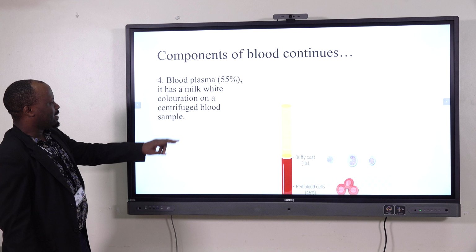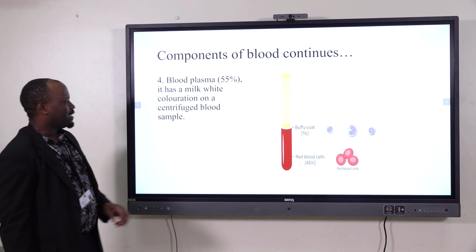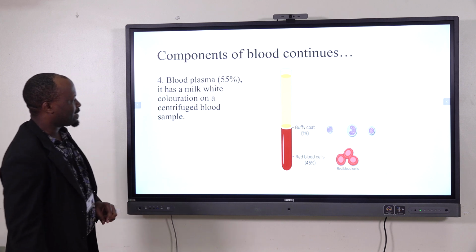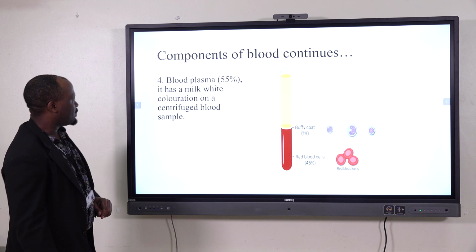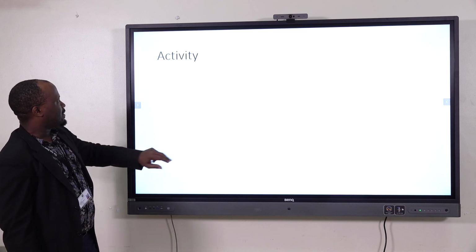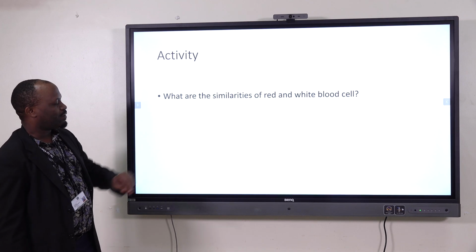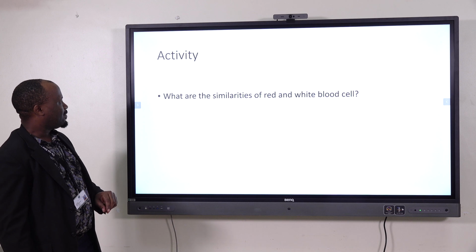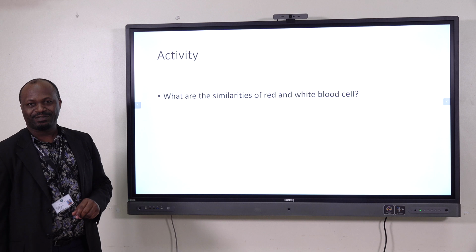We have a picture which depicts a centrifuged blood sample, in which the whitish part reflects the 55%, which is the composition of blood plasma. And that is it. Now, after knowing the 4 components of blood, let's go to the activity.